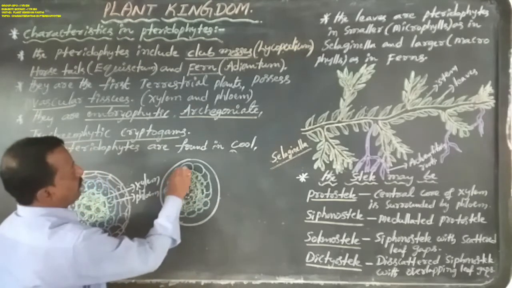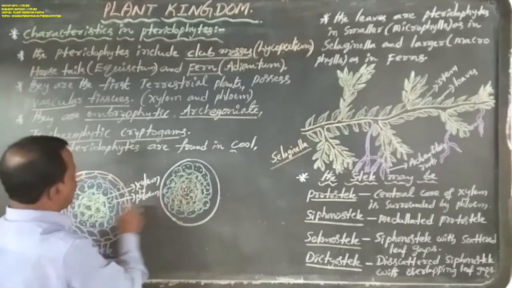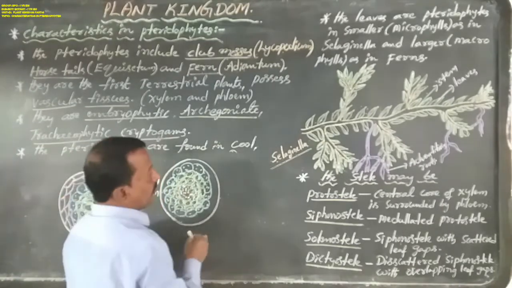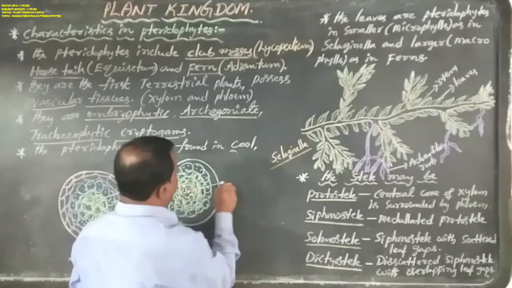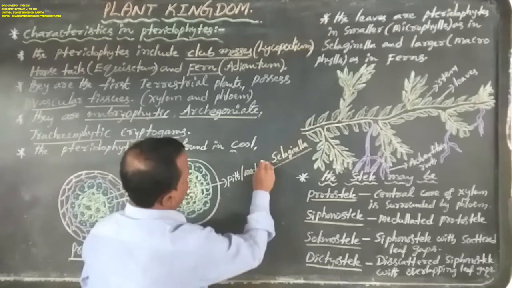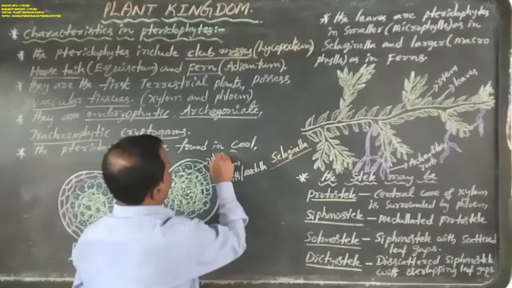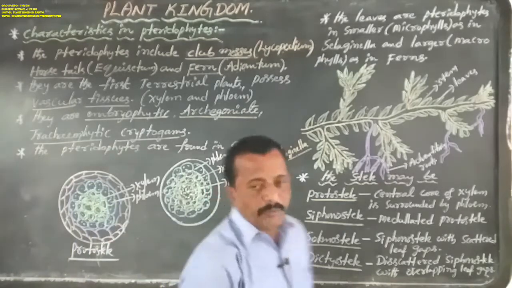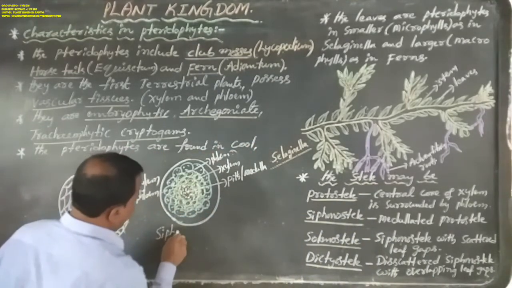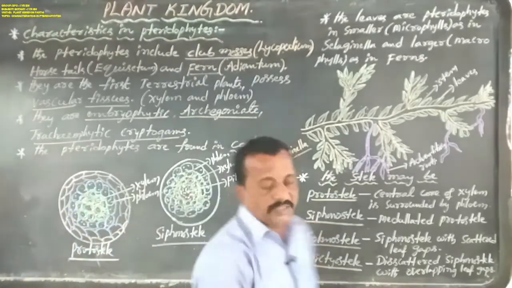It is called medullated protostele because in protostele the central core of xylem is surrounded by phloem, but here pith or medulla is seen first, surrounded by xylem and phloem. That is known as siphonostele.